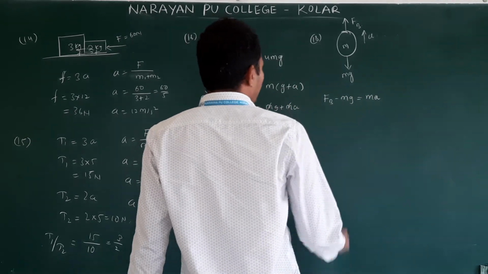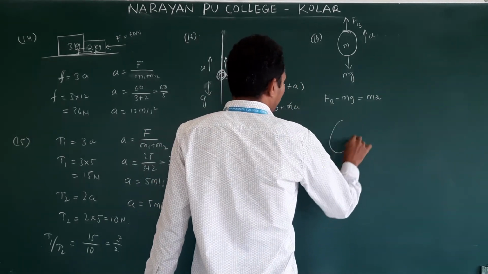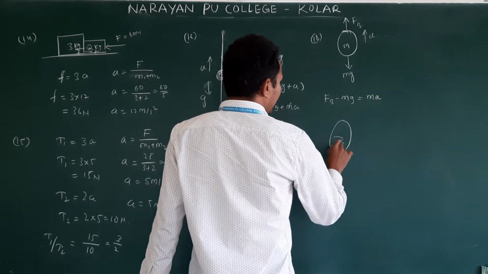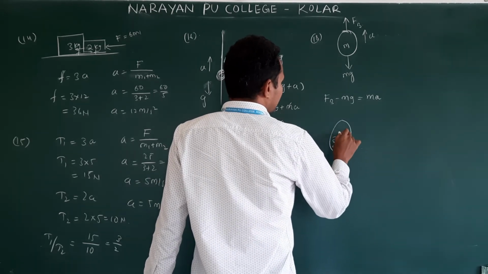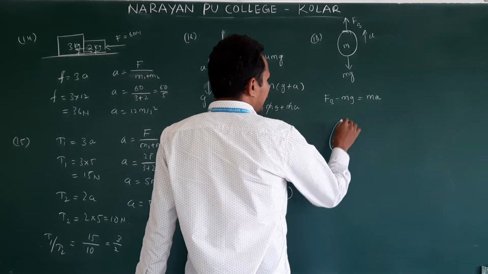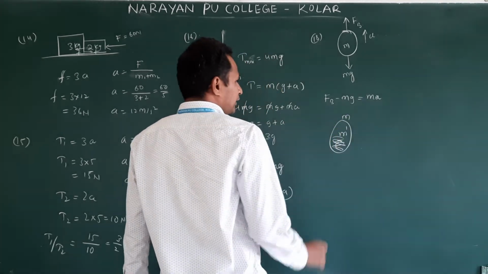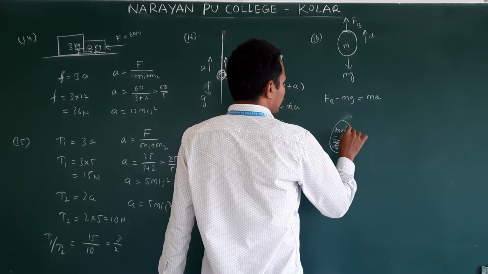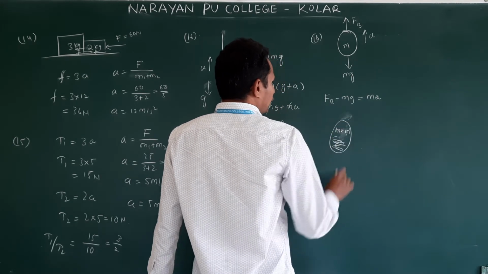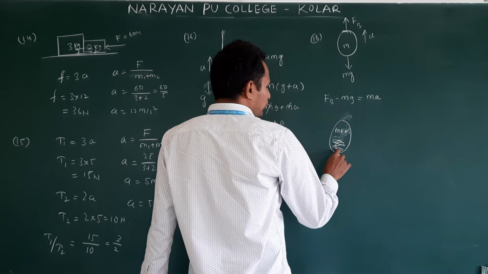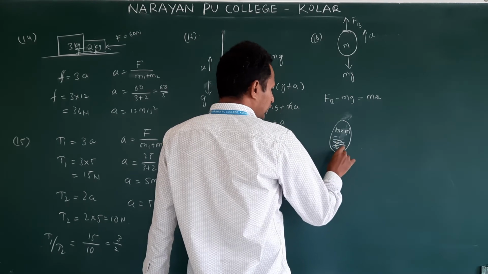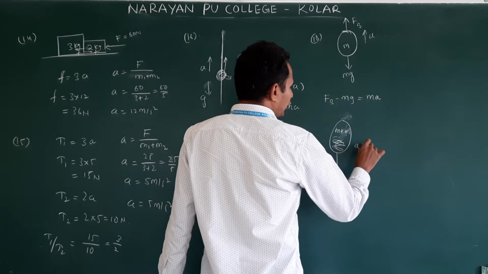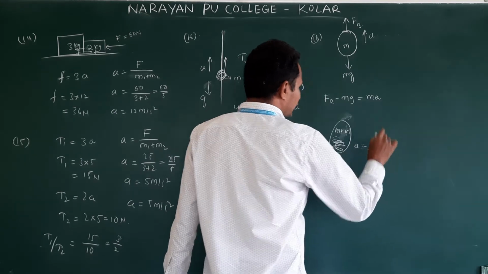Next case is the same box. We need to add extra sand, that is m dash. Already m is the mass of the box, so here I can write m plus m dash. According to the question, it is accelerating down with g by 3.